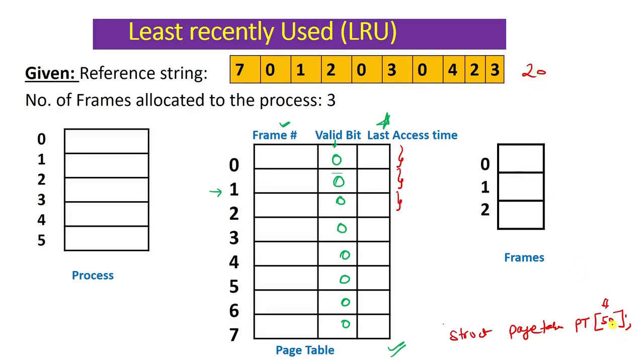That means the page table can have entries from 0 to 20, which means 21 entries. So you can create a page table of 21 entries. You find the maximum from the reference string and take that size. That is also okay, and you can take a bigger size also. It is up to you.